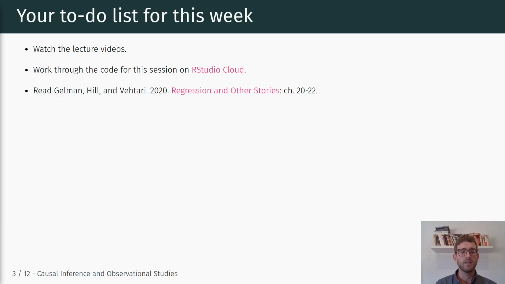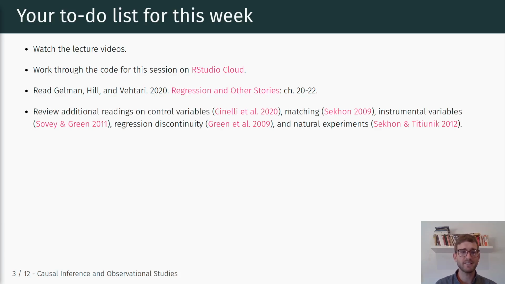Then the last set of readings in our textbook are chapters 20 to 22 in Regression and Other Stories that cover causal inference in observational studies. And as I mentioned, this is just a brief overview of a lot of different model types and estimation strategies. So on Canvas, I provided a bunch of additional readings on each of those topics.